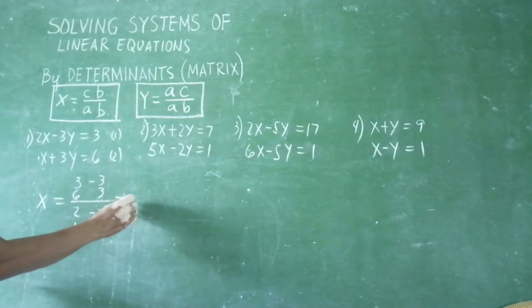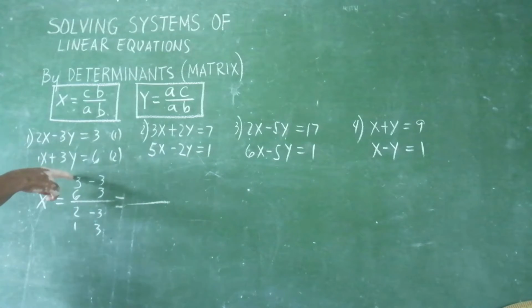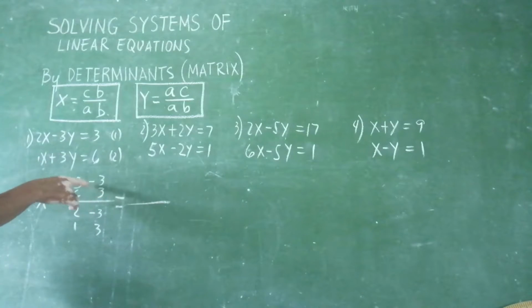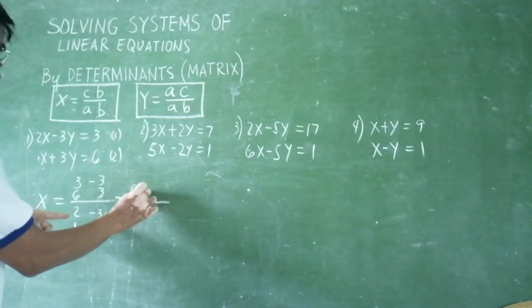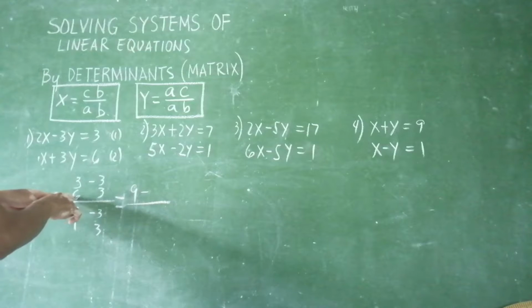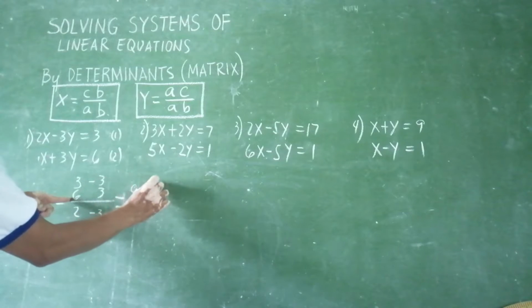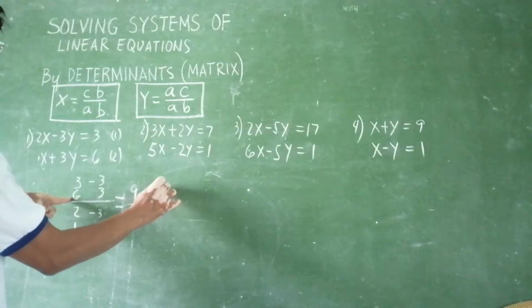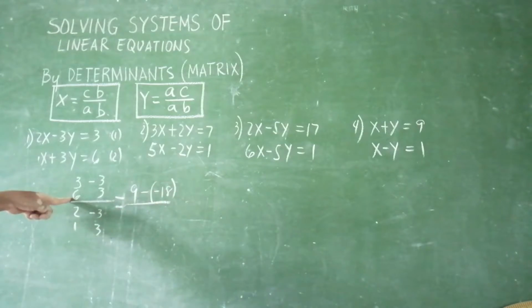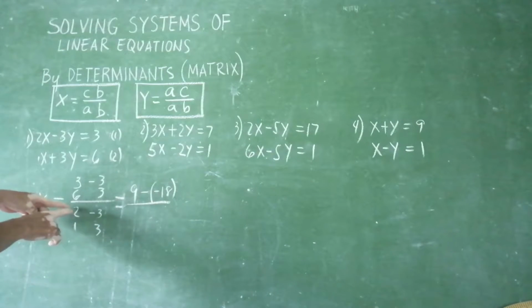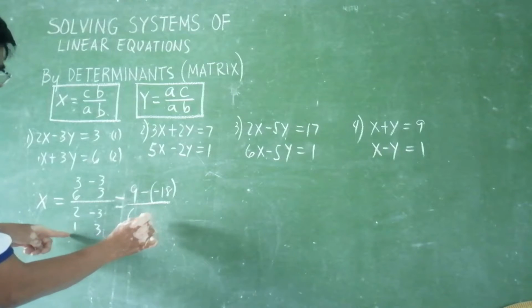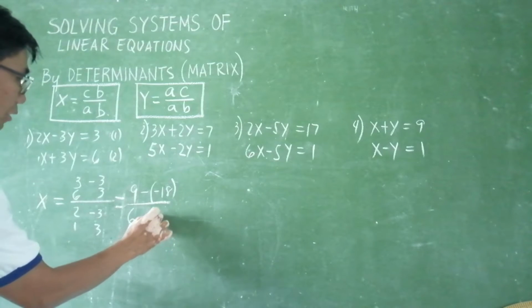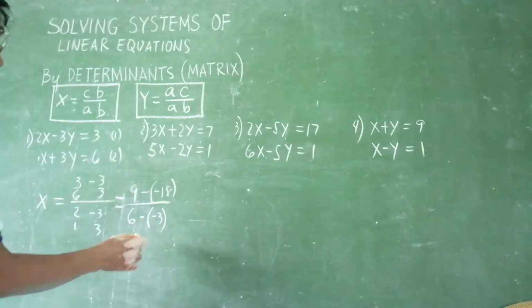How to do this? You cross multiply, so 3 times 3 is 9, minus 6 times negative 3 is negative 18, and then 2 times 3 is 6, minus 1 times negative 3 is negative 3.